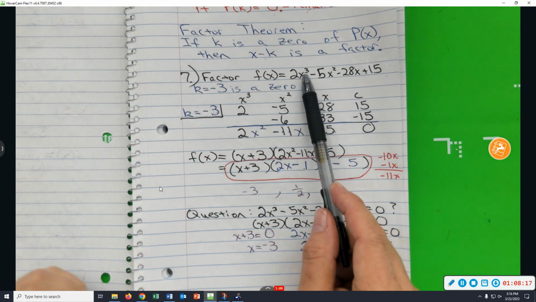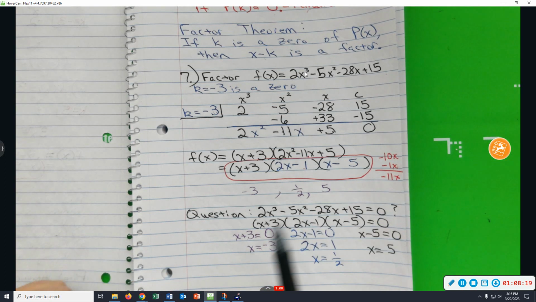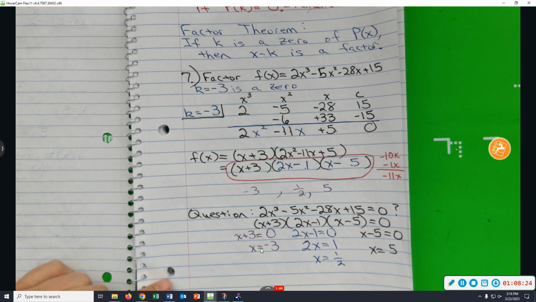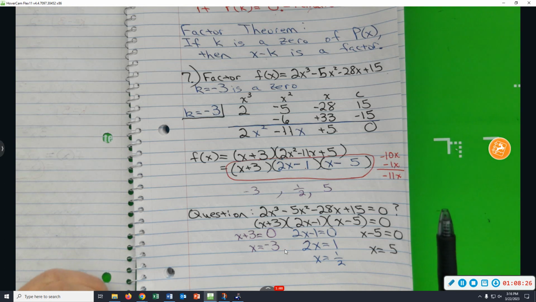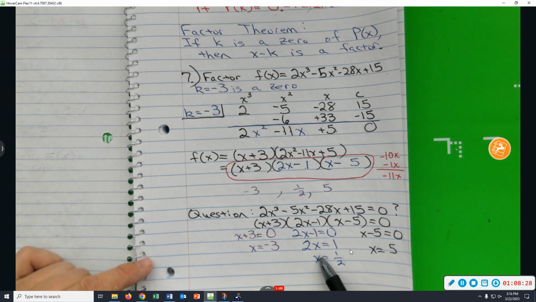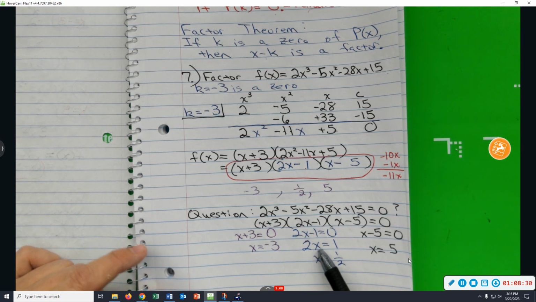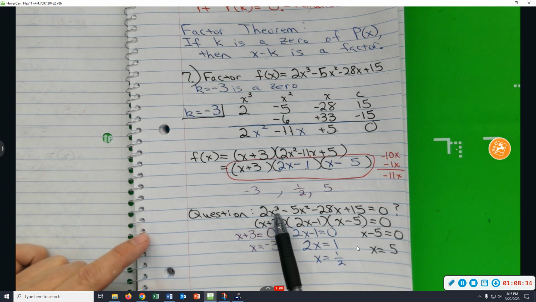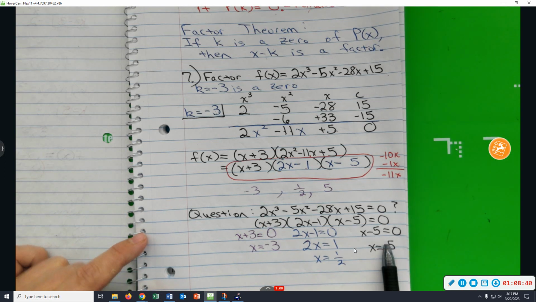X cubed, how many solutions when we found the zeros, how many did we get? 3. In general, the number of zeros of a polynomial function can't exceed the largest exponent. That thing right there of 3, I know there can't be more than 3 zeros. So once I found the 3 zeros, that's it.